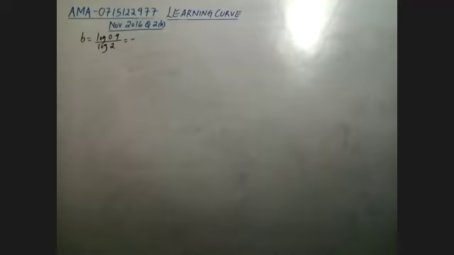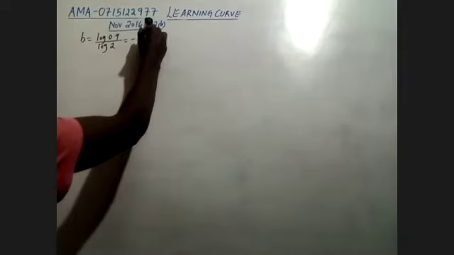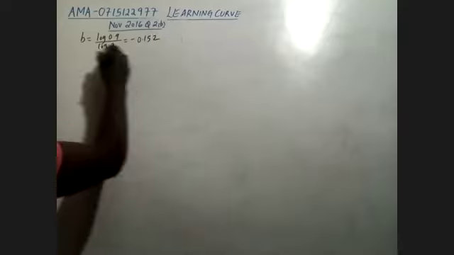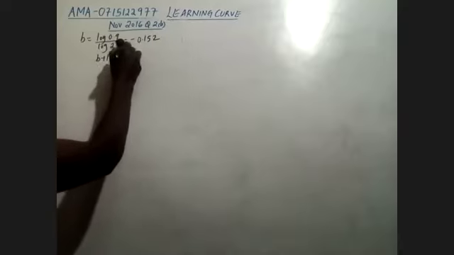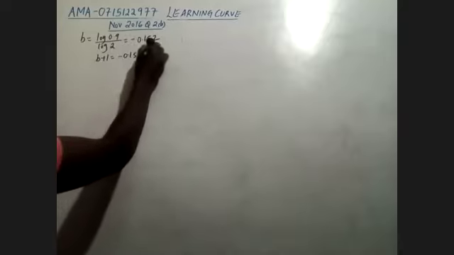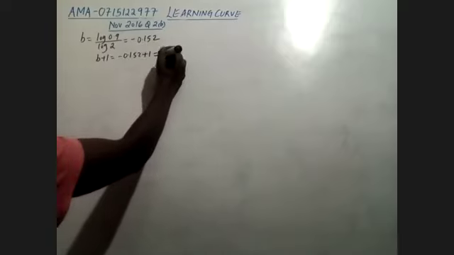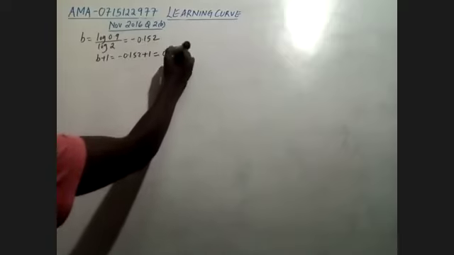Minus 0.152. Minus 0.152. Have you set it to automatic decimal places? 3. Okay. So b is negative 0.152, plus 1, negative 0.152 plus 1. What do you get? 0.848.